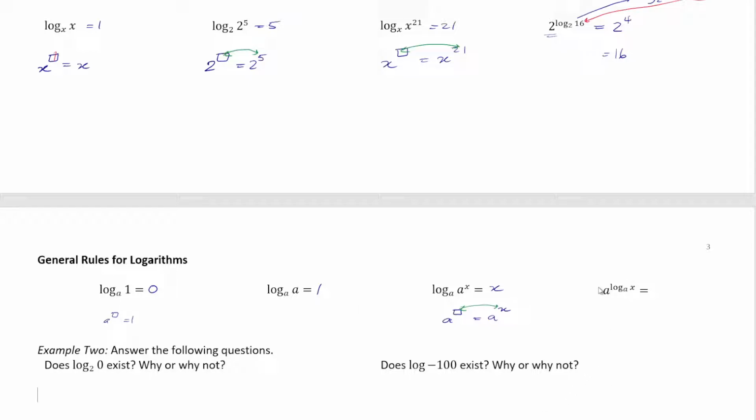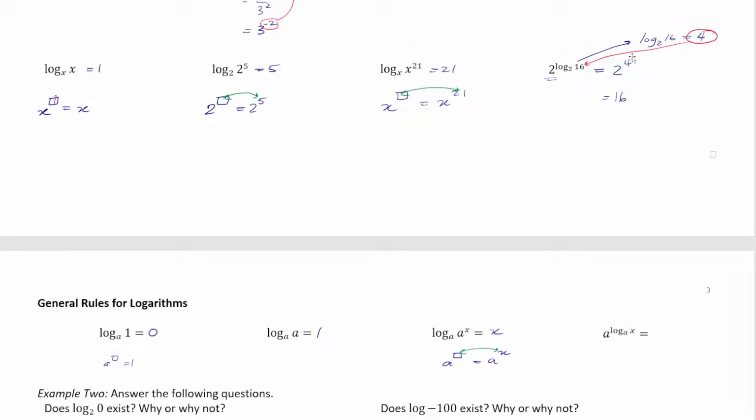And then finally, this last one over here is what we saw above. This is that kind of circular question where we have a logarithm of x base a, and then we're raising a to that exponent. So over here, let's say that a to the y equals x.